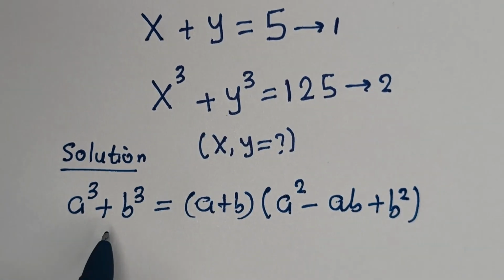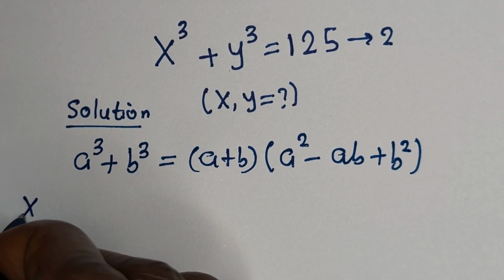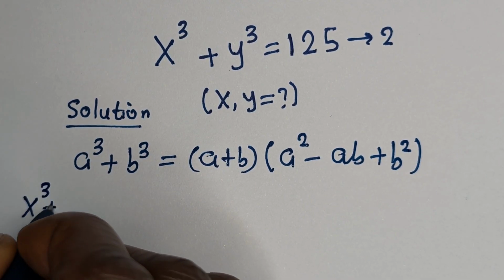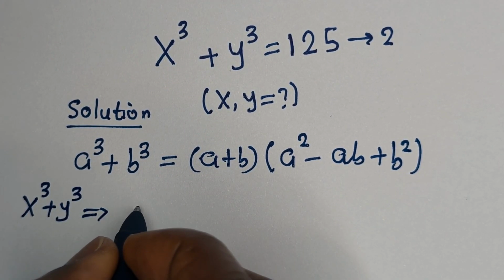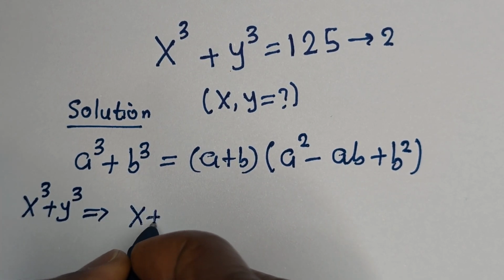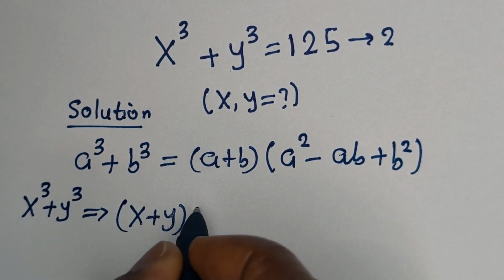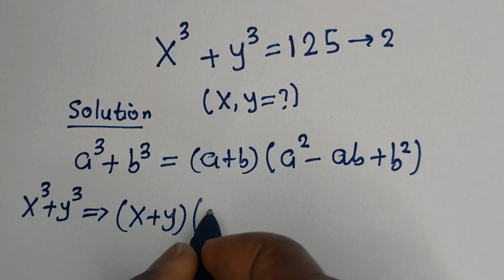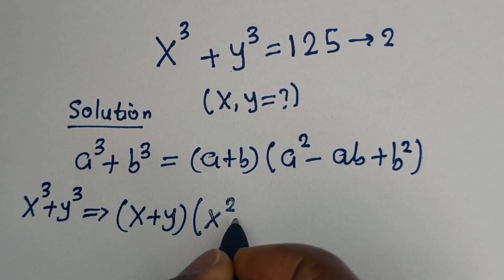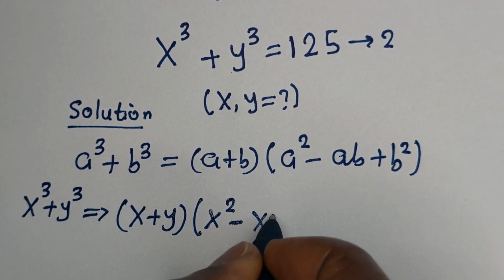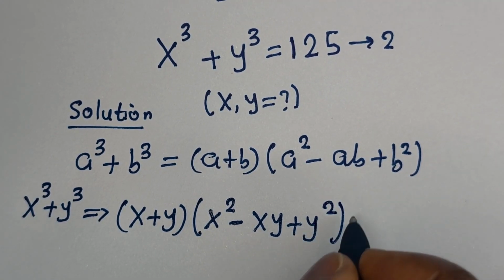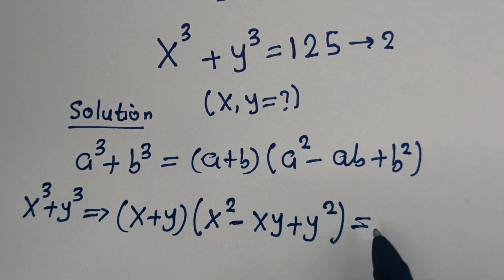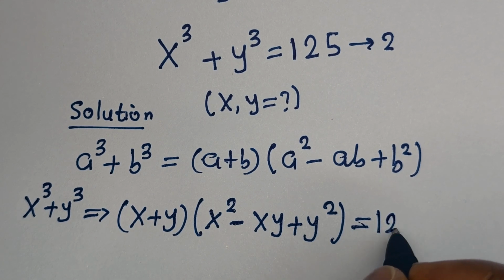Then this can be written as x raised to power 3 plus y raised to power 3. This is the same thing as (x plus y)(x square minus xy plus y square), which is equal to 125.